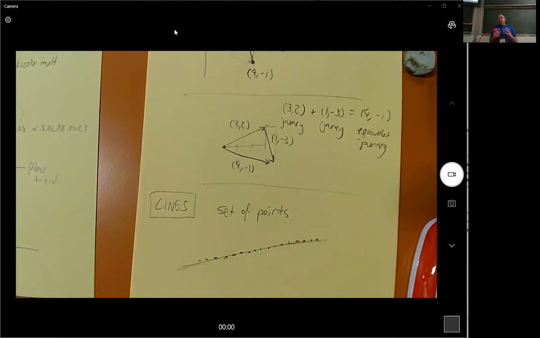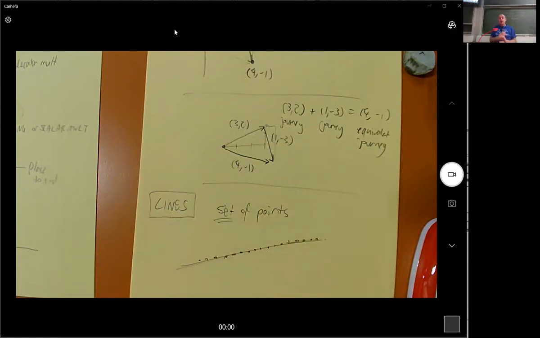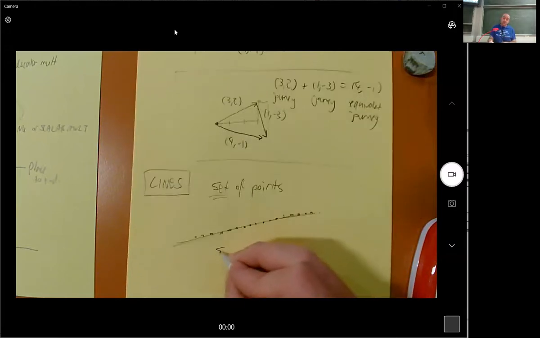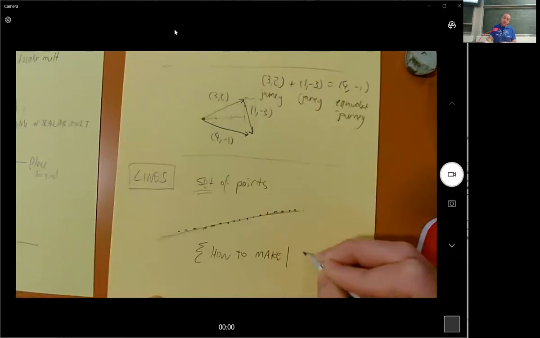And so when I talk about any set of any kind, there are two ways to describe a set. I mean, there are technically three ways, but there are two main ways to describe a set. One is to describe how to make all the points in a set, with some technical details to make sure you do it right.